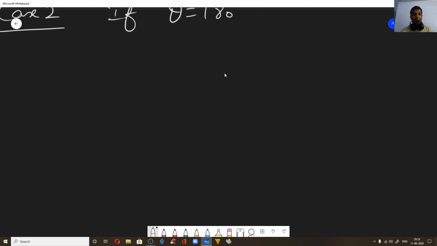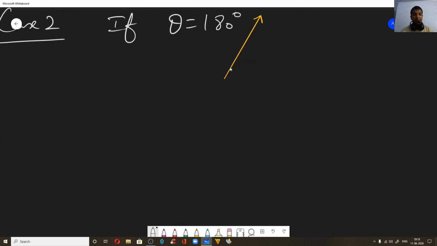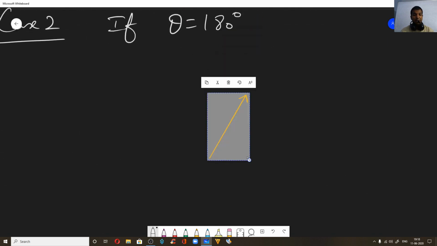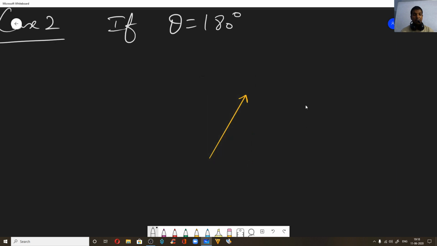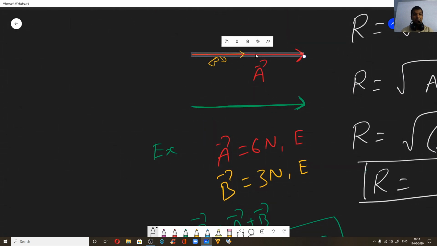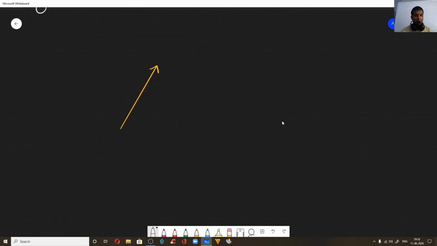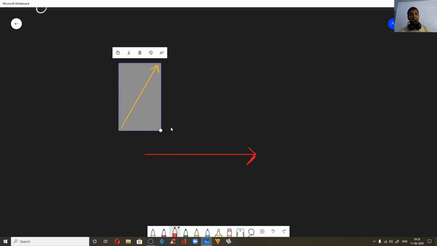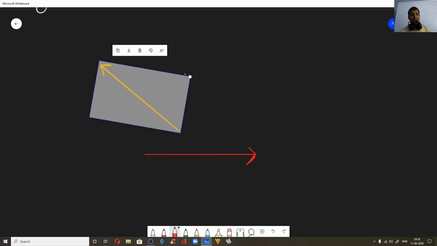So let me make a copy of B here. So this is vector B. Now I'll make a copy of vector A. So this was your vector A. Now angle between vector A and B is 180 degrees. So I will rotate the vector.